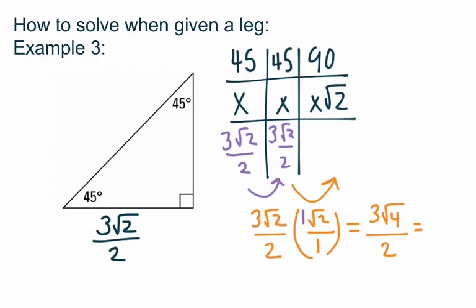Then the square root of 4 is 2, so 3 times 2 is 6, and 6 divided by 2 is 3. Or you can cancel out your 2's.